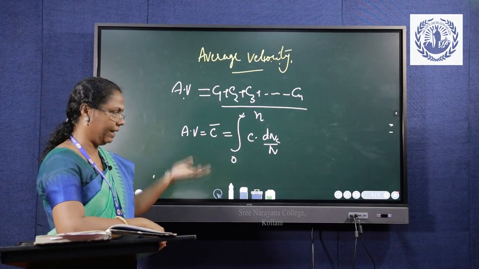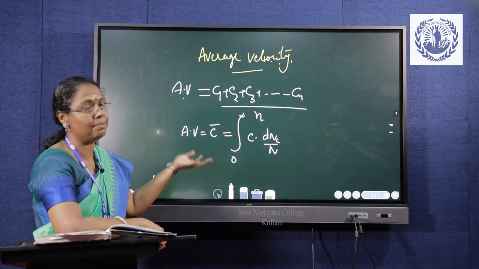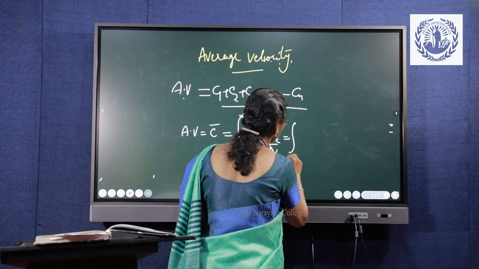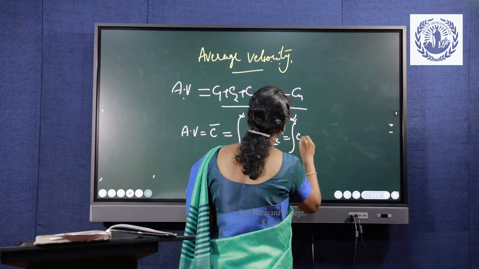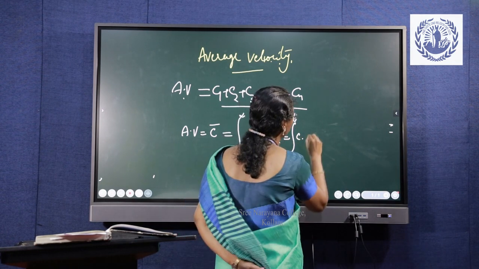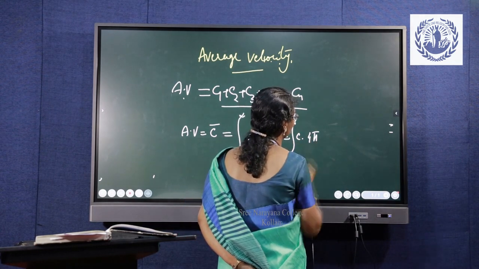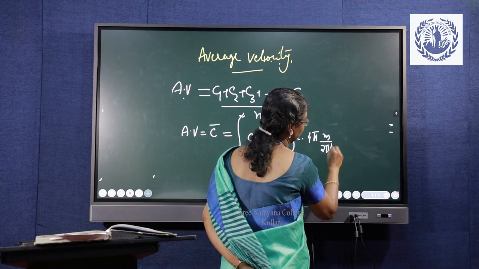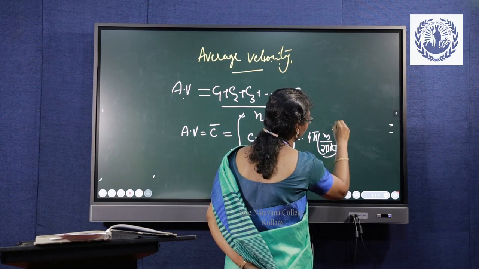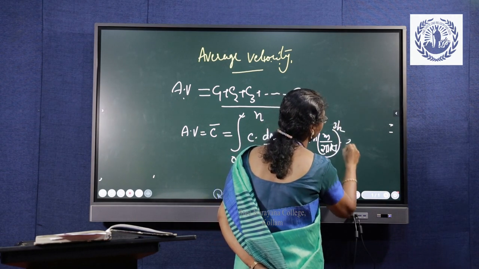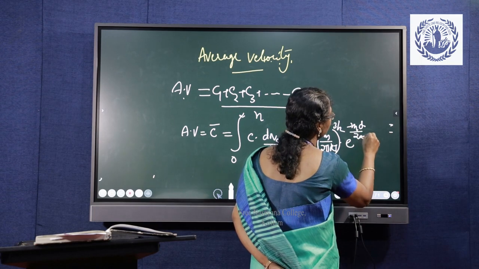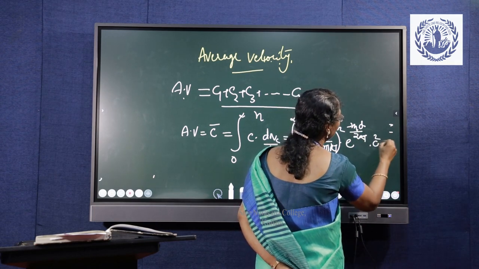For dNc by n, we can substitute from Maxwell's equation, that is 4 pi into (m by 2 pi RT) raised to 3 by 2 into e raised to minus mc square by 2 RT into c square dc.